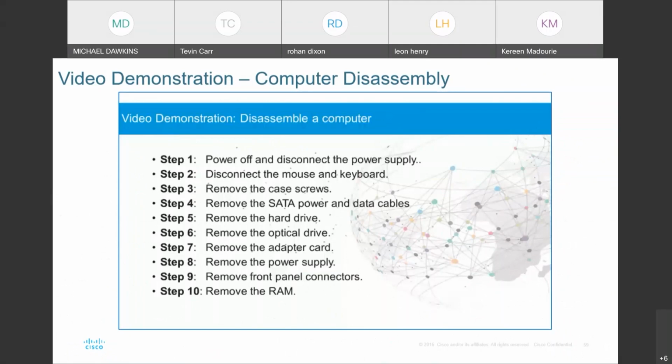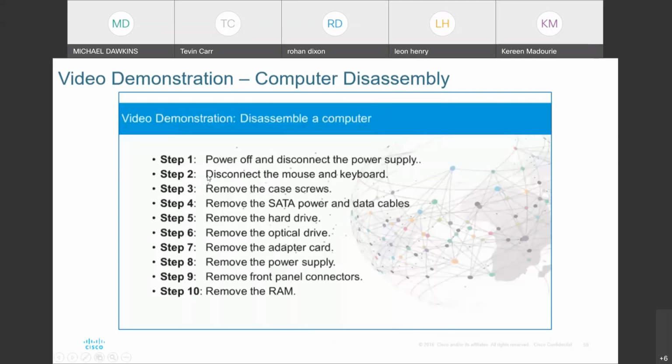You don't want to damage yourself, and you don't want to damage the components of the computer. You don't want to be working in the computer with live electricity. So the first step is to power off your computer, and then you disconnect the power supply, meaning you unplug the power cable from the power supply of the computer.